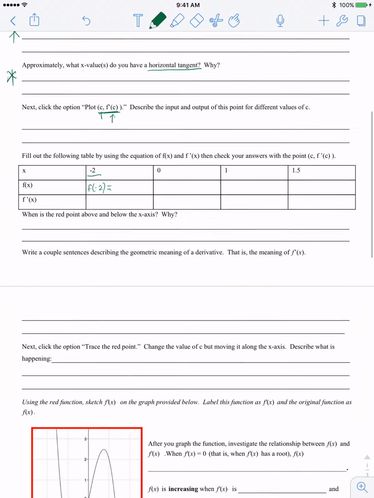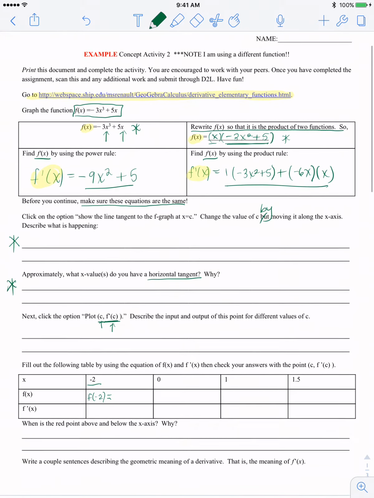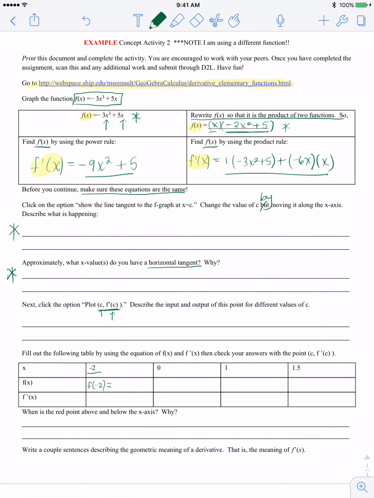Since my original function was -3x cubed plus 5x, I can plug in -2 to get -3 times -2 cubed plus 5 times -2. You can compute that value and then check on your graph to make sure that you have the correct output for the original function.